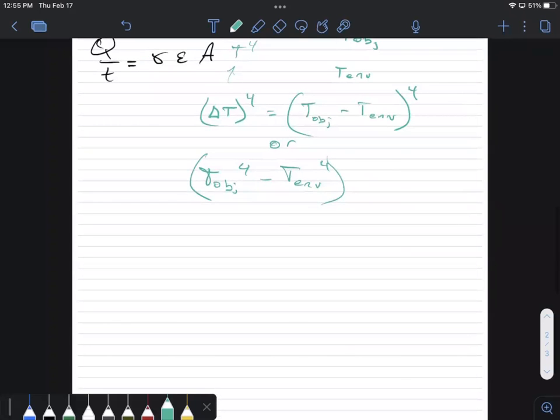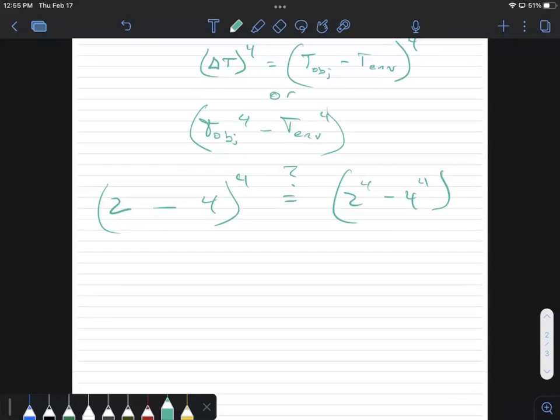Let's test it. Pretend the temperature of the object is 2 and the temperature of the environment is 4. Is this the same as this? That's what we want to test. If they're the same, then we don't care. We could just choose either one. If they're different, then we have to figure out which is right.